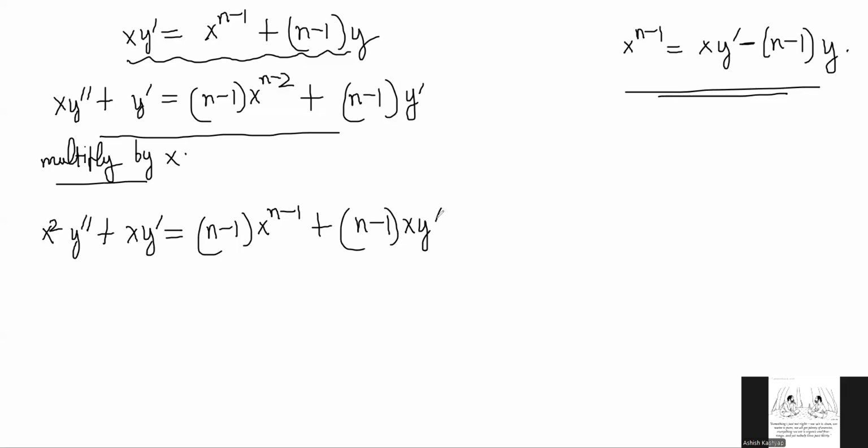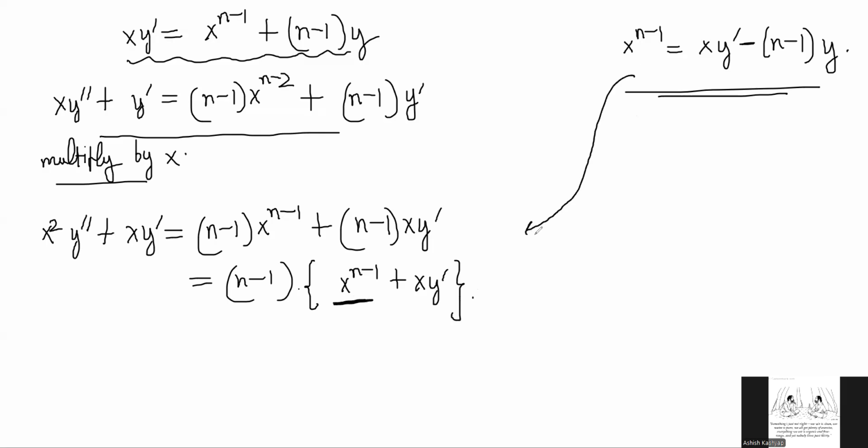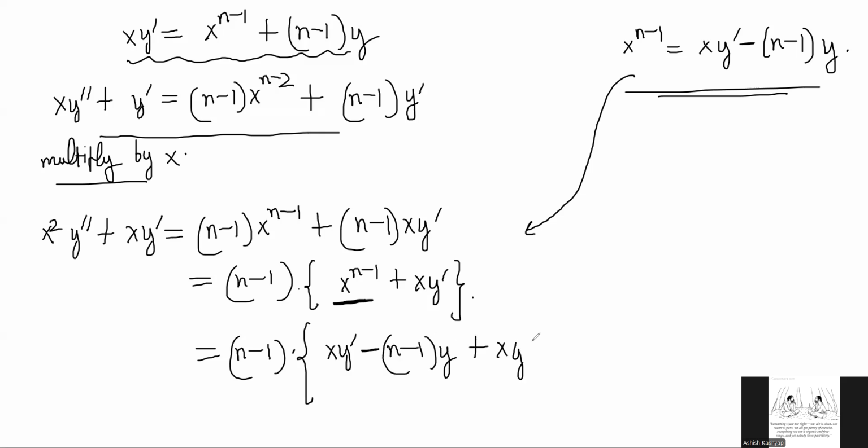So now what I will do here is take n minus 1 common from the right hand side, and I have x power n minus 1 plus xy dash here, right? So this x power n minus 1 I will replace from here, and I will write it as n minus 1. Instead of x power n minus 1, I will write xy dash minus n minus 1 y plus xy dash, right?